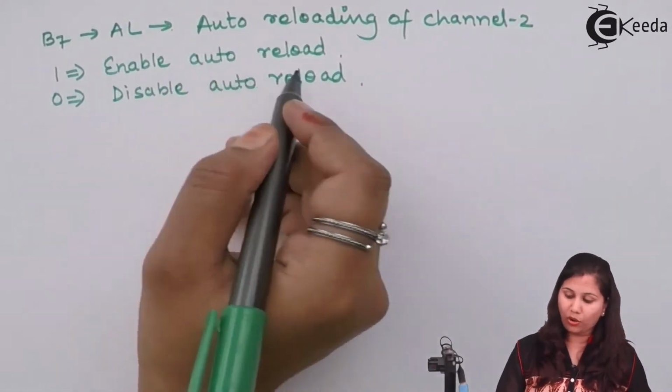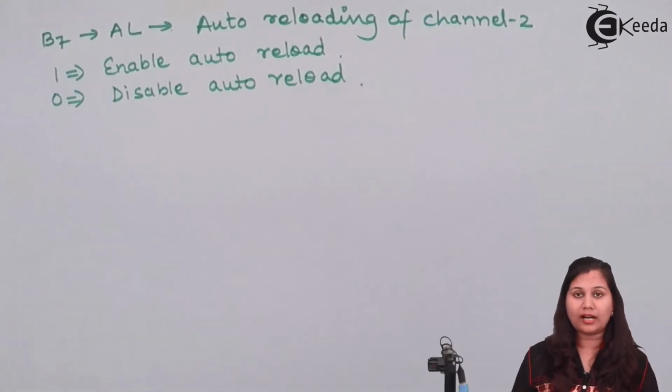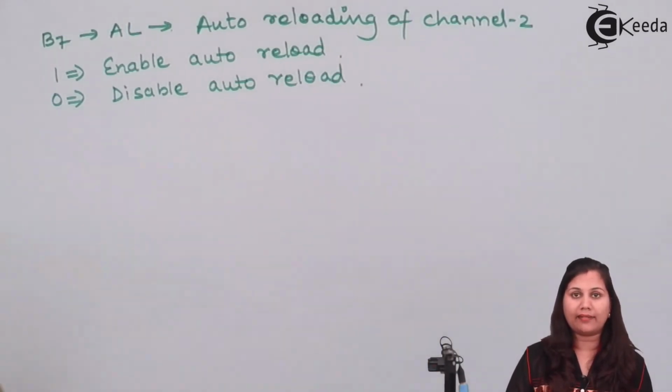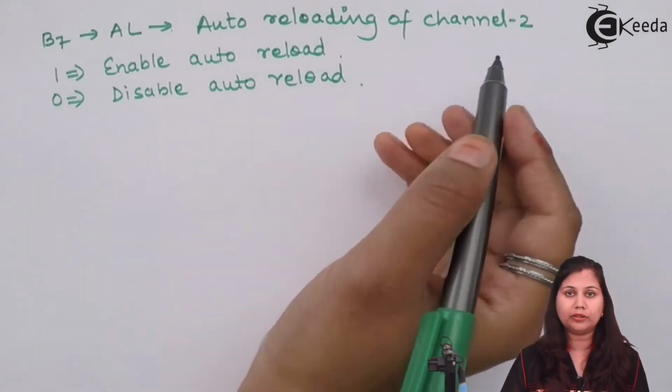So what does this auto reload mean? When this bit is 1, then the contents of the channel 3 count register and address register are loaded into channel 2.